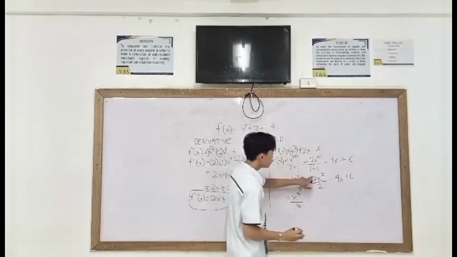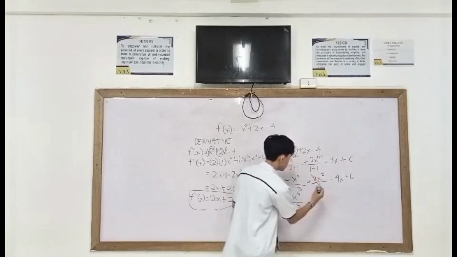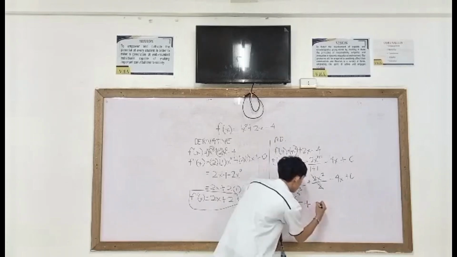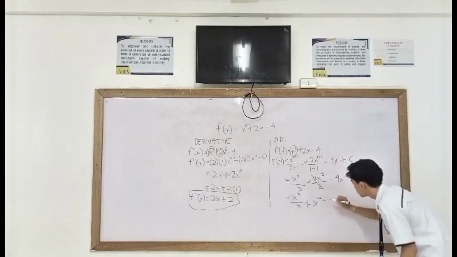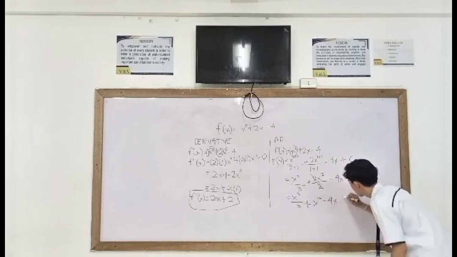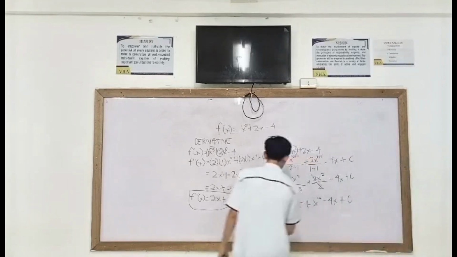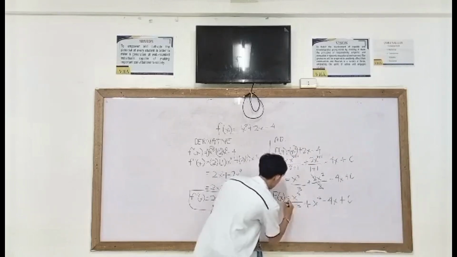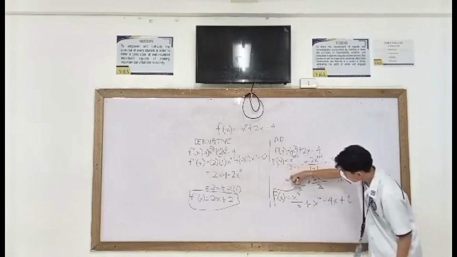And then 2 divided by 2 will be equal to 1, so we can just cancel this. The remaining is x squared minus 4x plus c. This will be the antiderivative of the given function x squared plus 2x minus 4.